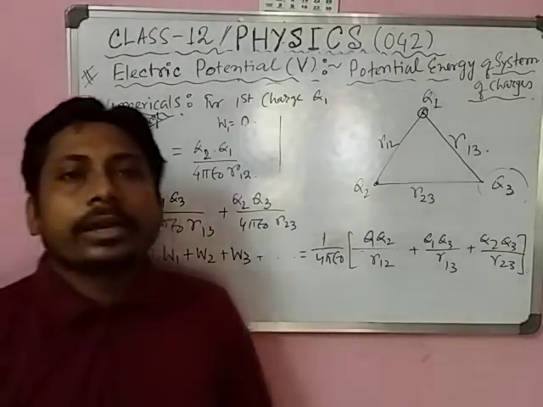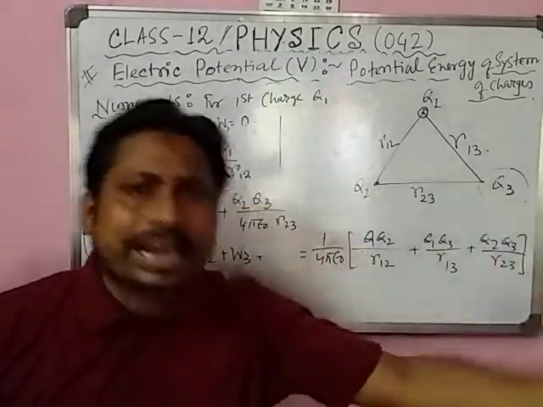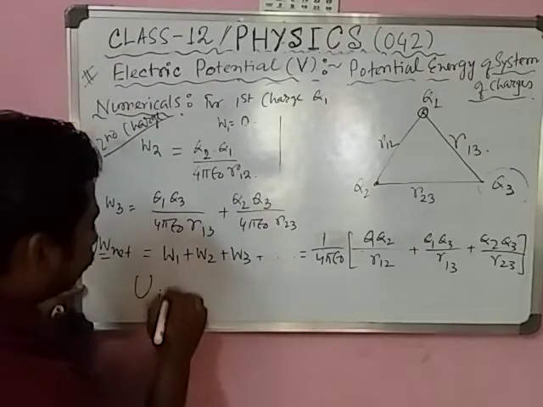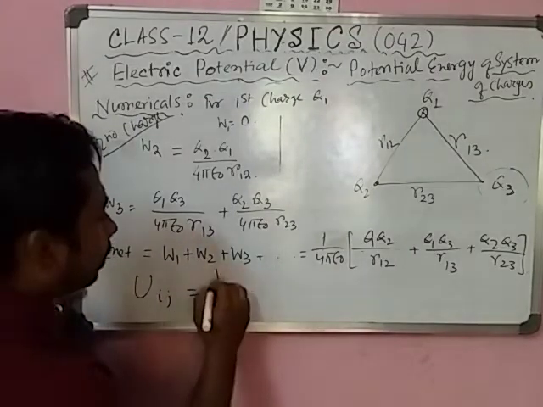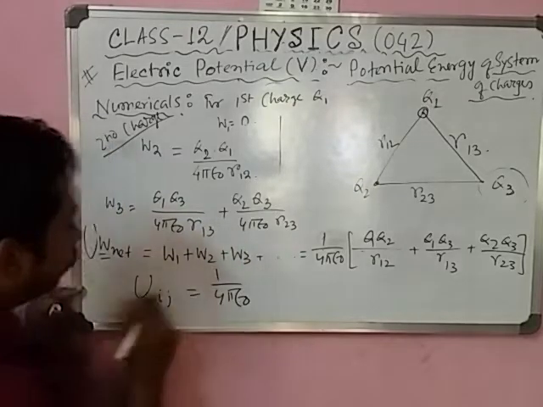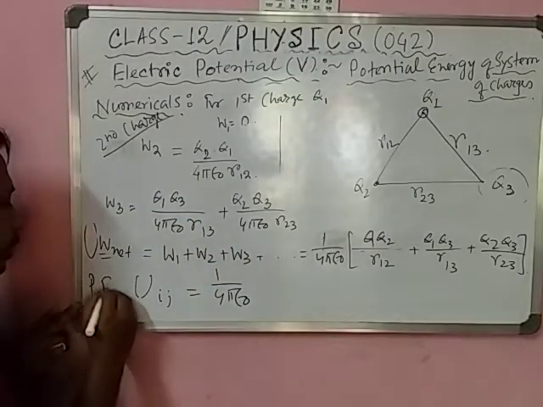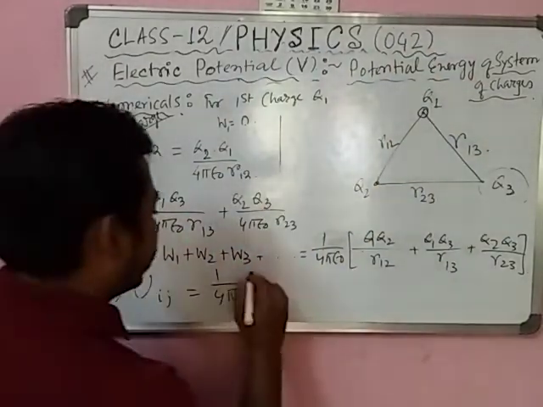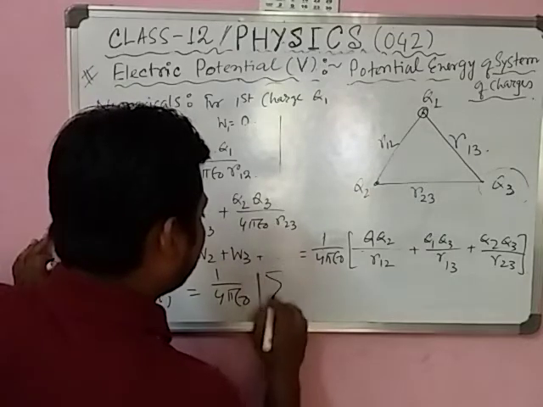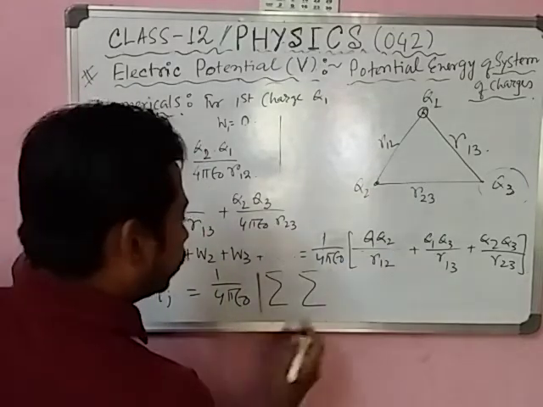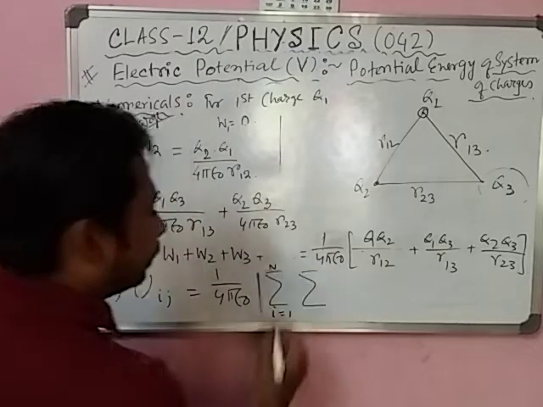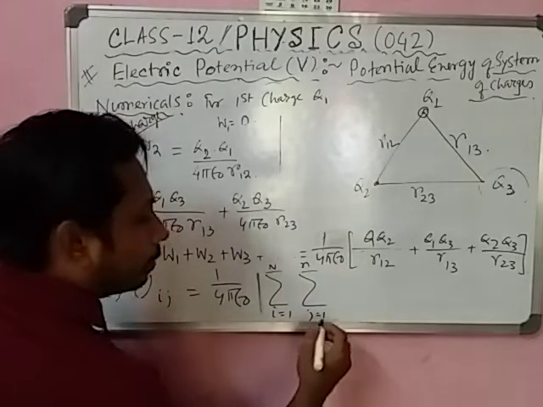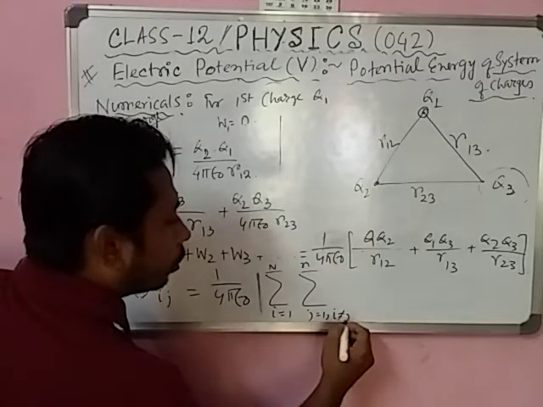Now listen students, if you think for many charges, then you can write U is equal to 1 by 4 pi epsilon naught, where U means potential energy for many charges. So you can write 1 by 4 pi epsilon naught summation over both cases: i running from 1 to n, and j equal to 1 to n, but i not equal to j.